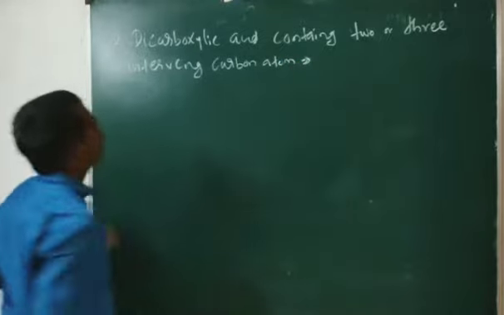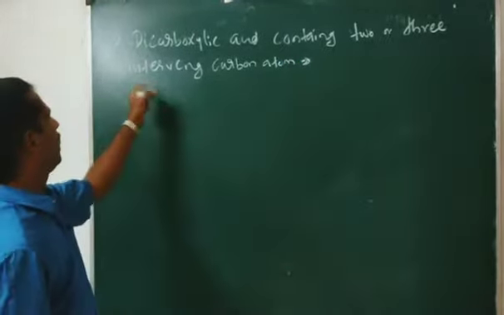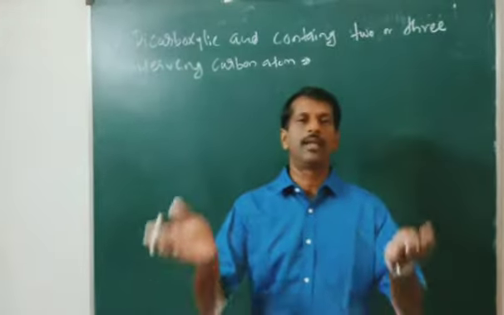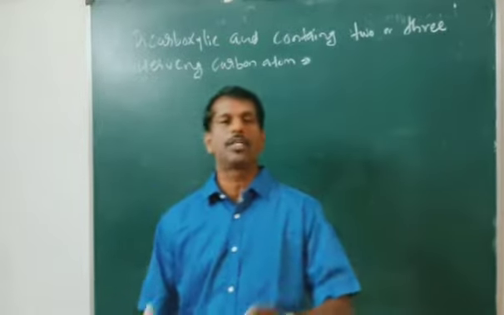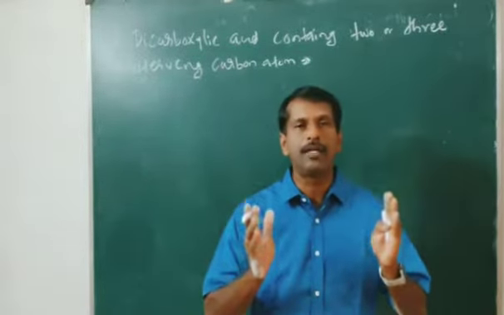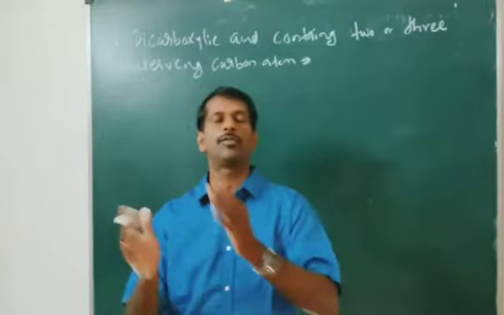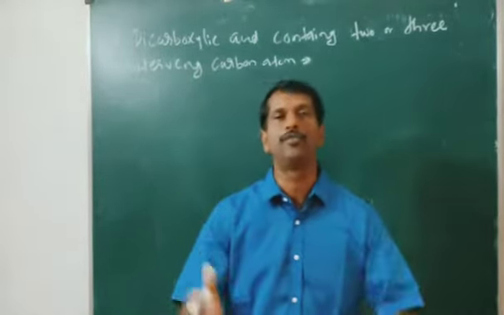If the dicarboxylic acid contains 2 or 3 intervening carbon atoms, that type of dicarboxylic acid, when heated at 300 degrees Celsius or distilled with acetic anhydride, will undergo dehydration, and it will change into cyclic anhydride.